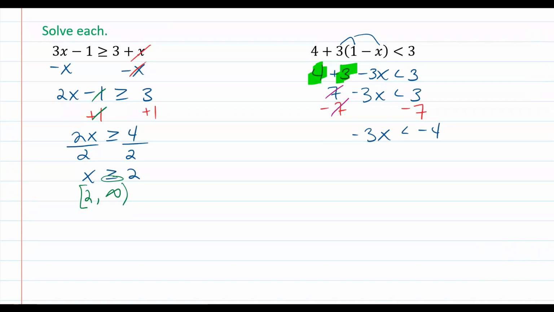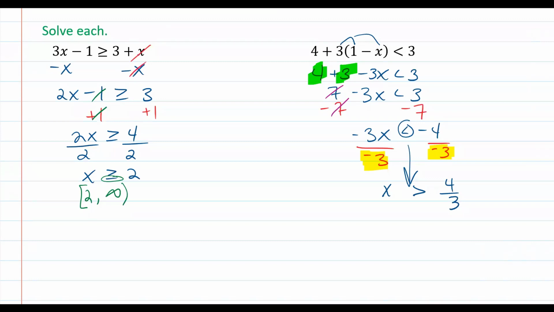And now finally I'd like to divide by negative 3, so I can have a coefficient of positive 1 in front of that x. So I have x on the left and I have positive 4/3 on the right. Negative 4 over negative 3 reduces to positive 4/3. What you'll notice though is that I did divide by a negative value, and because I divided by a negative value, I need to reverse this inequality symbol, so now it becomes x is greater than positive 4/3.